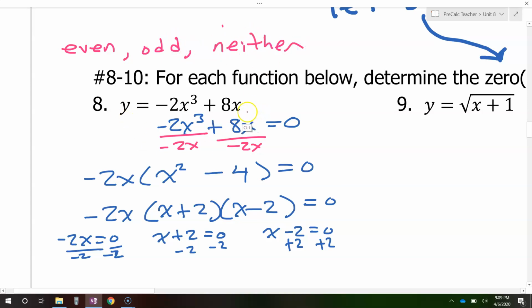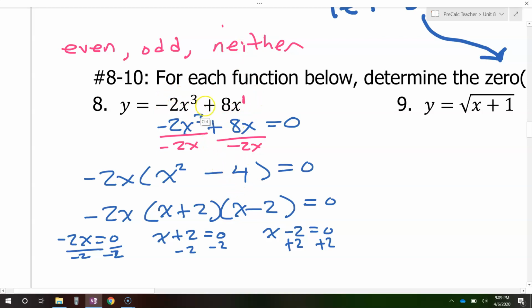If you have a polynomial like this, all you need to look at are the exponents. So here I have an exponent of 3, and this is like x to the 1 power. So guess what? If all of the exponents are even, the function will be even. If all of the exponents are odd, the function will be odd. If there's a mixture of even and odd exponents, then it will have neither symmetry.